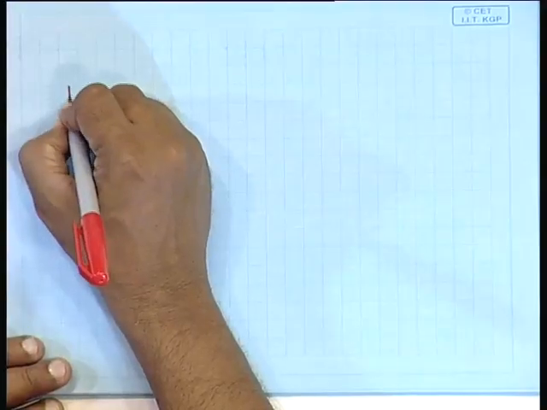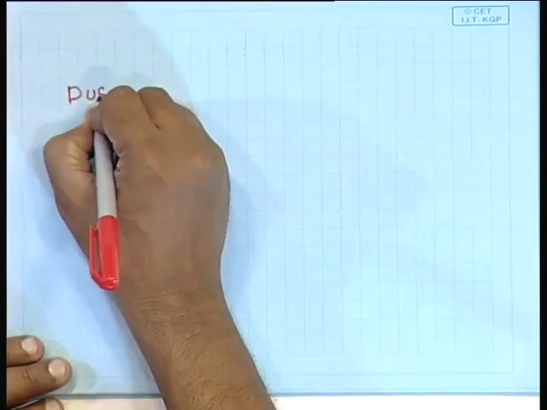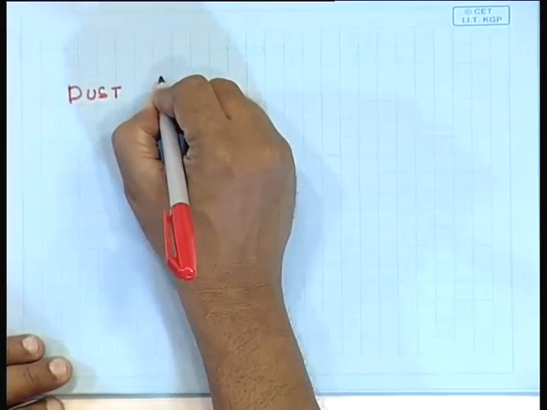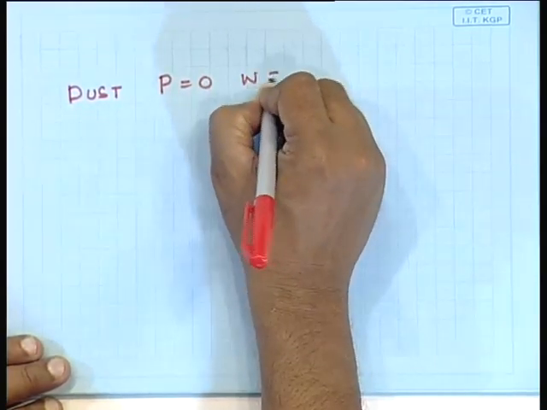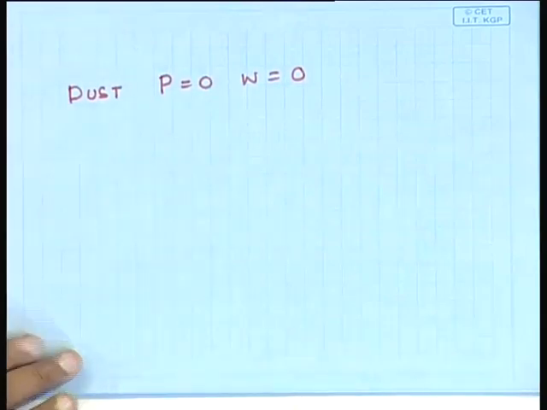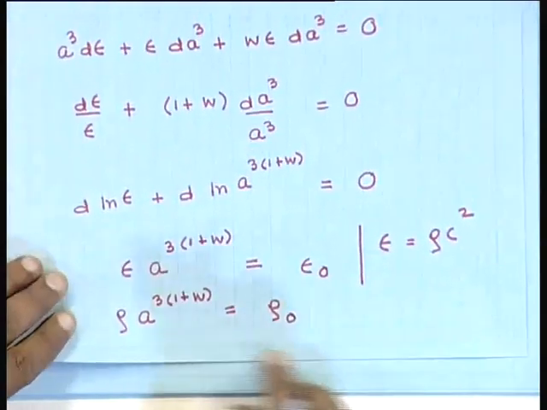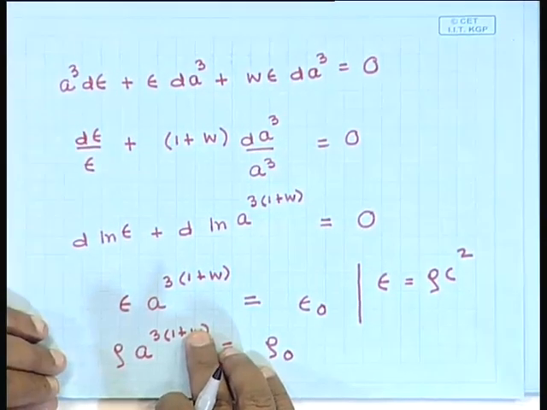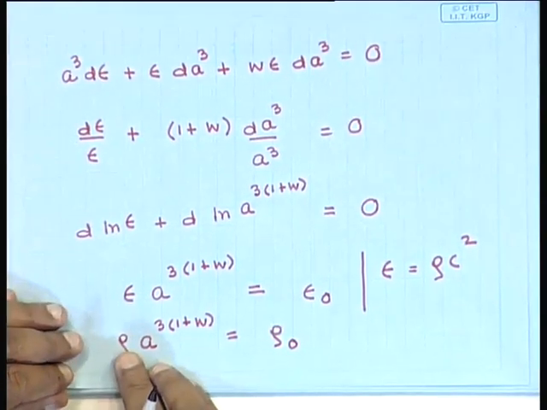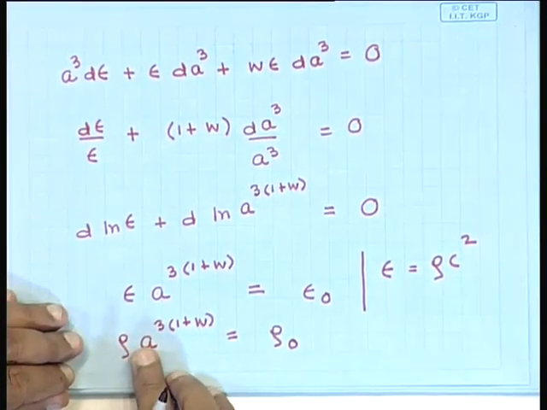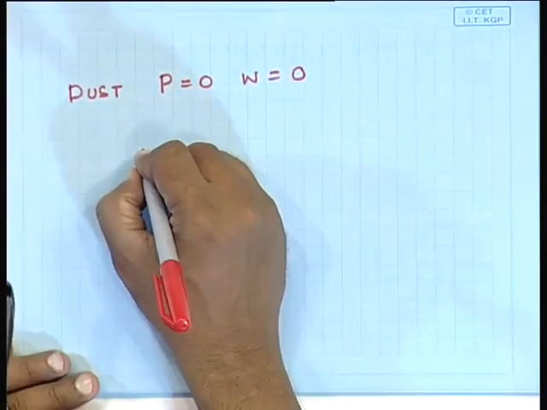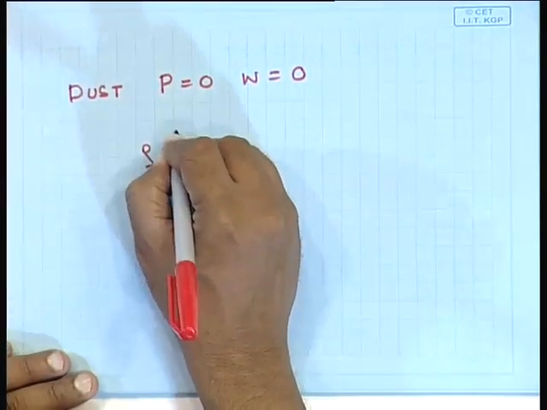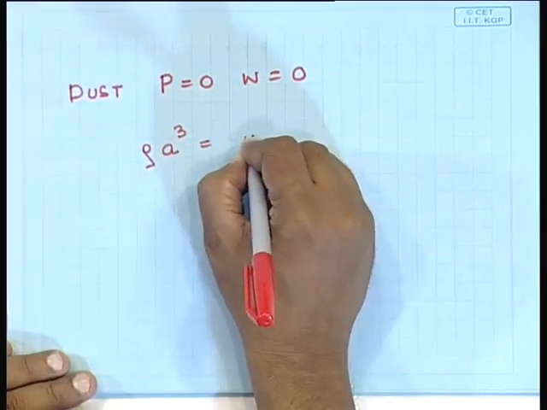So, for dust we have pressure equal to 0 or W equal to 0. So, let us put W equal to 0 over here, and we recover the familiar conservation of mass, rho into A cube is a constant. So, we have rho A cube is equal to rho naught.